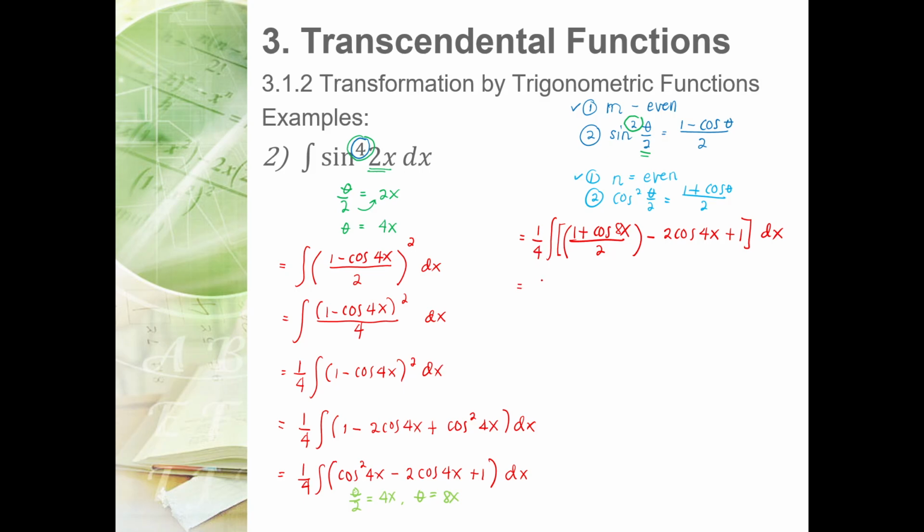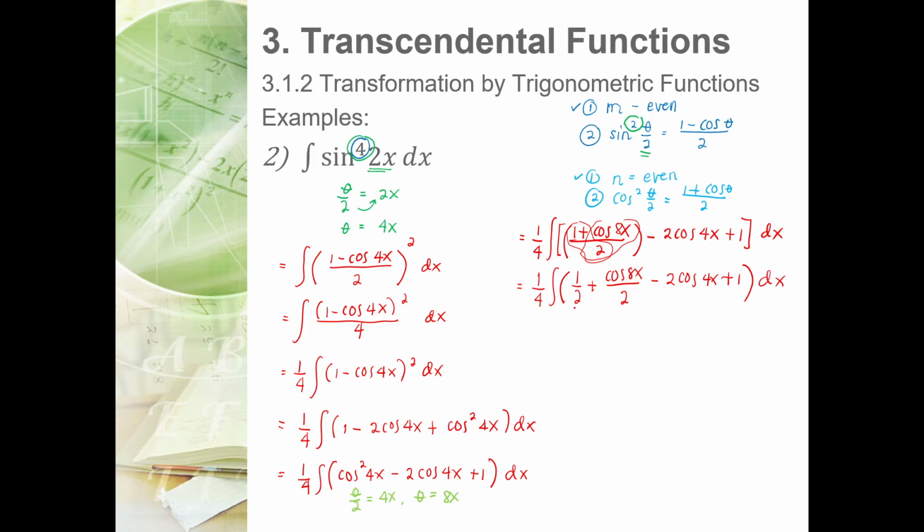Okay, so expanding, you have 1/4, then separating the two terms here because we can create two terms: 1/2 plus cosine 8x all over 2, minus 2 cosine 4x plus 1 dx.